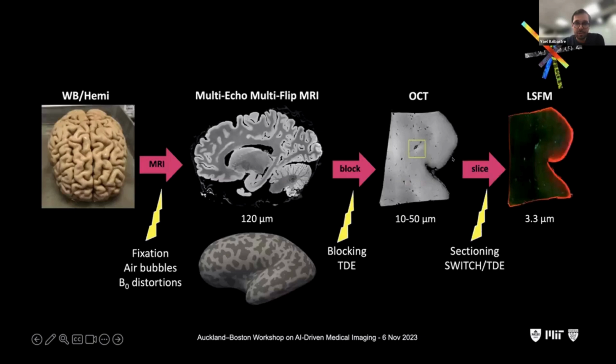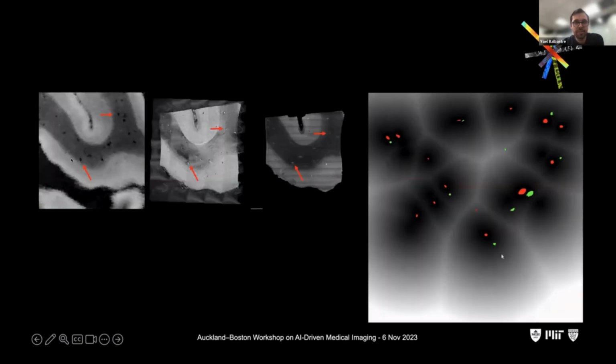If you look at the different images, the contrast mechanism is very different. So we can't really use intensity to register these blocks. So what we use is stuff that we can actually see in all of the modalities, and that is vessels. This is an MRI, an OCT, and a light sheet microscopy image of the same tissue.